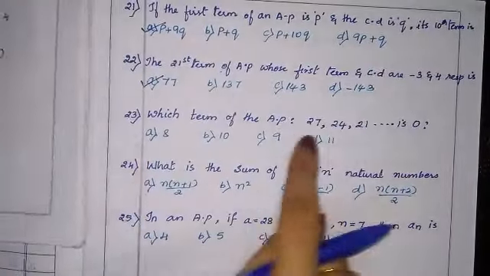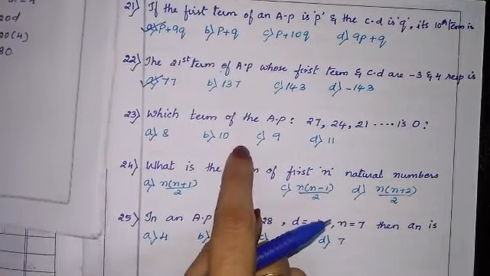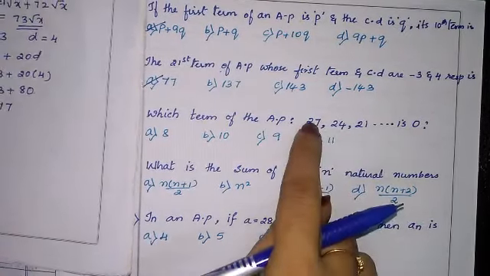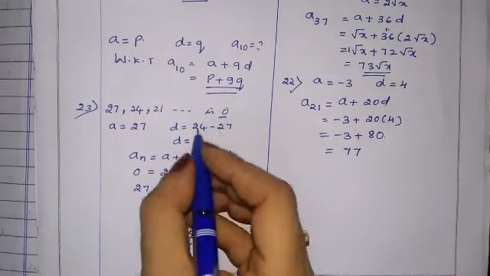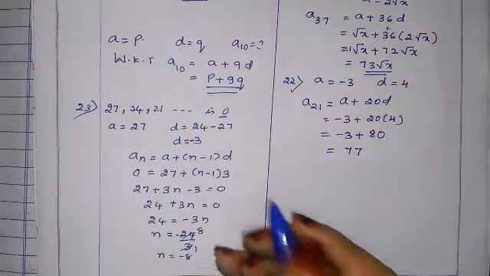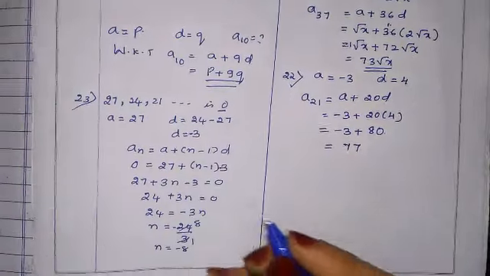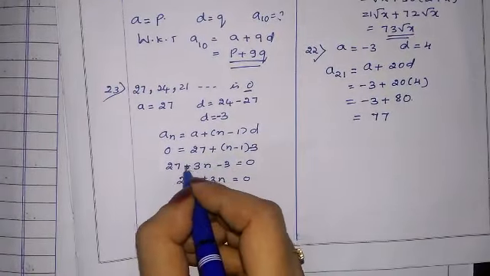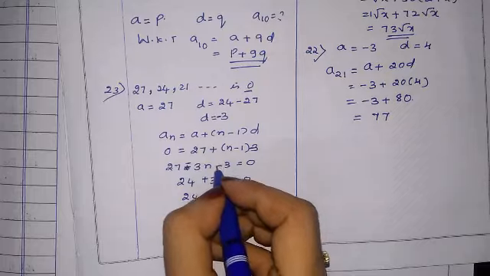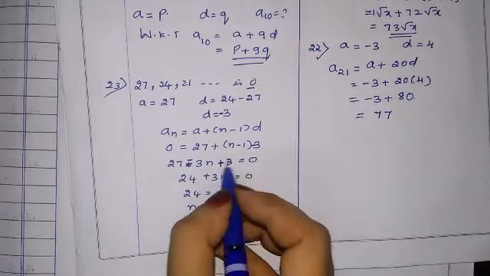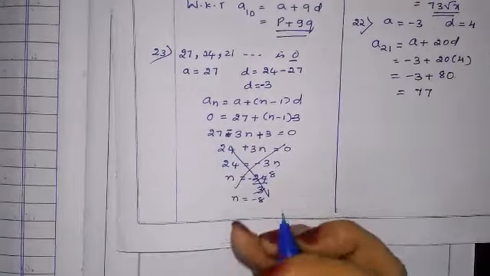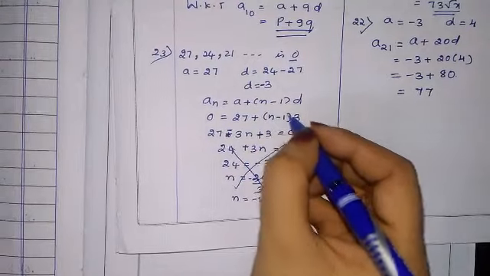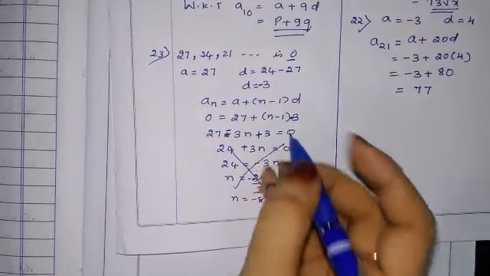How did we get minus 8? I guess I have made a mistake. Let me check. 24 minus 27. Yes, 24 minus 27 is minus 3. Okay, minus 3 here. Let me check one more time because I have made a small negative sign mistake.